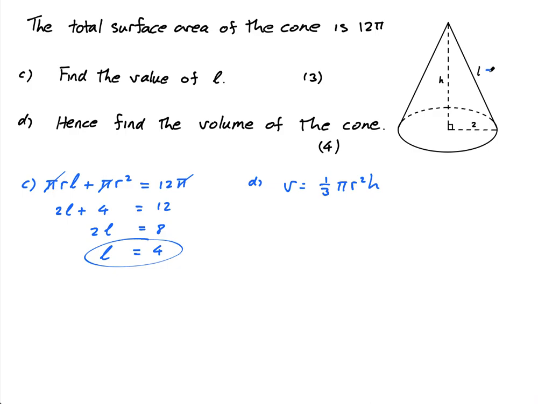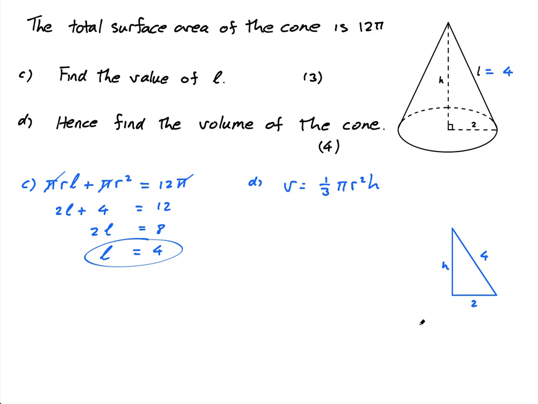Well, if this is equal to 4, what kind of triangle have I got here? Well, it's a right angle triangle. So I could just do this at the side here. This triangle here, I have 2, I have h, I have 4.